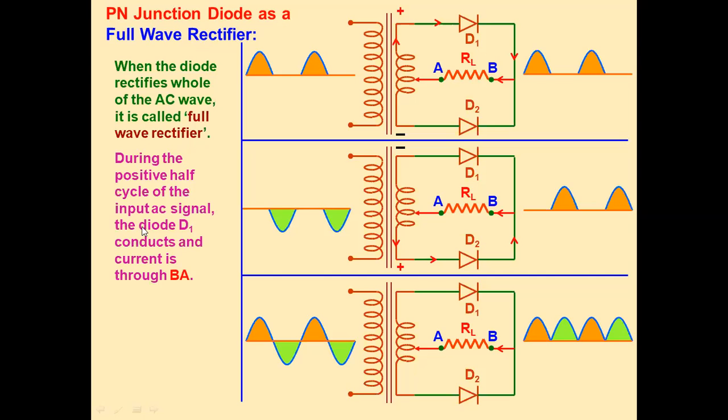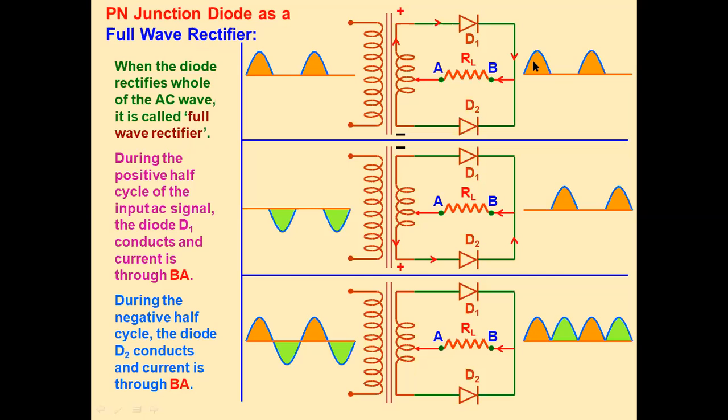During the positive half cycle of the input AC signal, diode D1 is in forward bias and diode D2 is in reverse bias. Then current goes through the circuit and the output voltage appears across the load resistance. So we get output voltage for the positive half cycle.